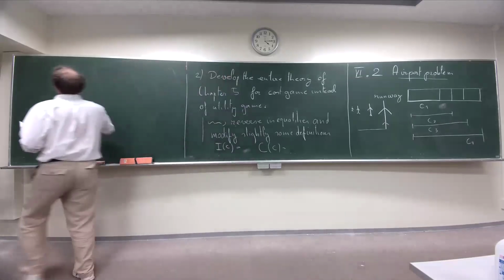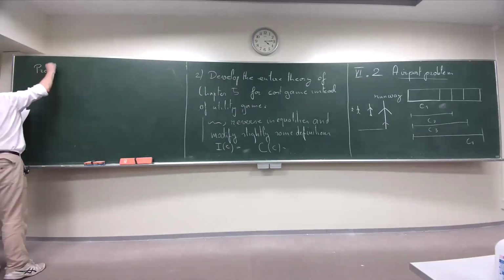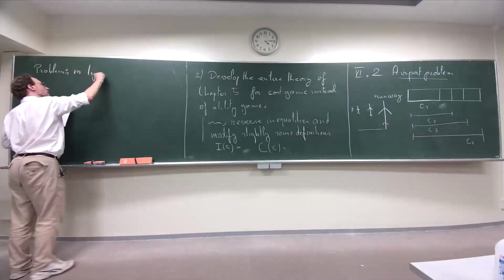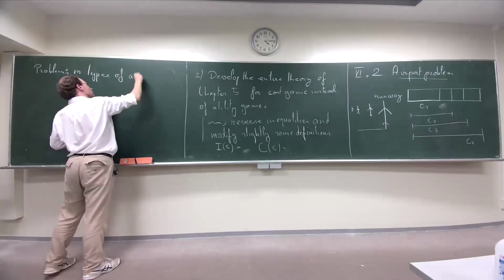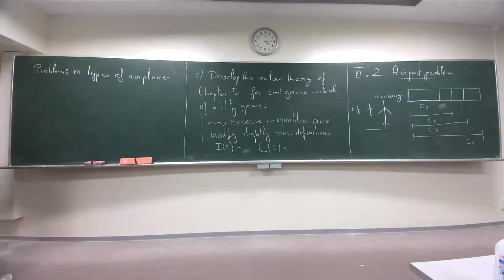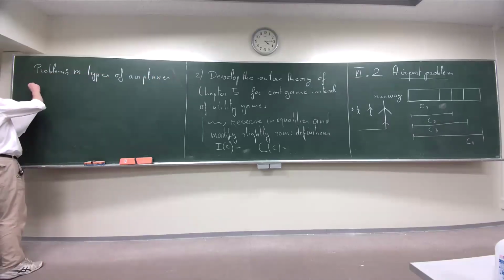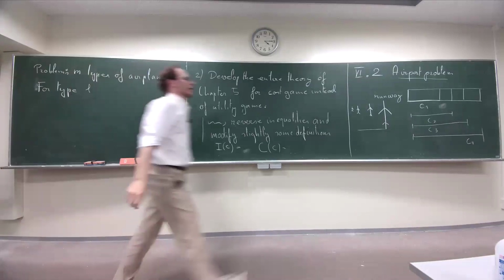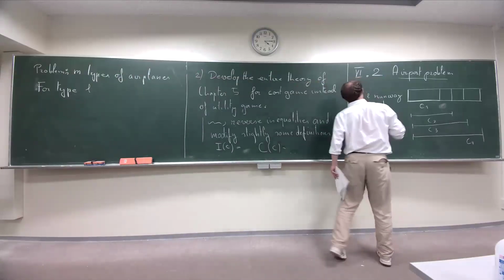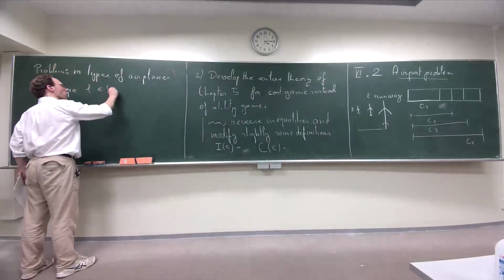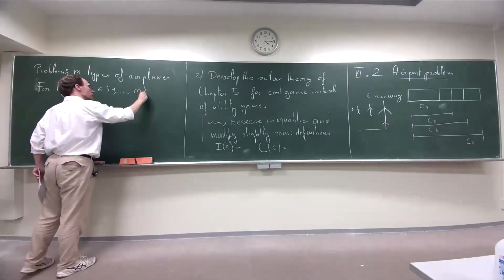So the problem is, we have M types of airplanes. In this example, I draw 4. And for type L, so let's say L is this one, or one of them. So L is between 1 and M, because you have M types.